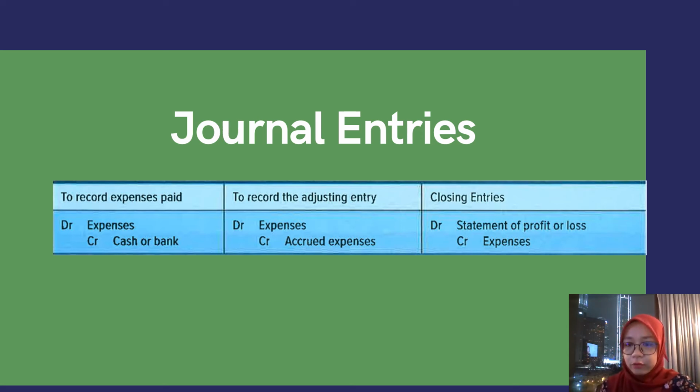And then we close the ledgers, the T accounts, with debit statement of profit or loss and credit expenses, transferring all the expenses under operating expenses in the statement of profit or loss.